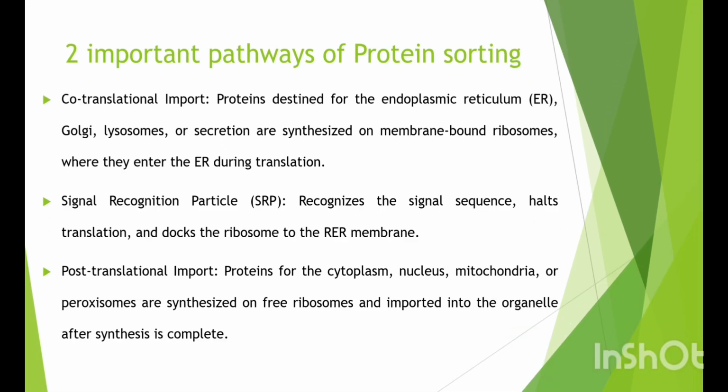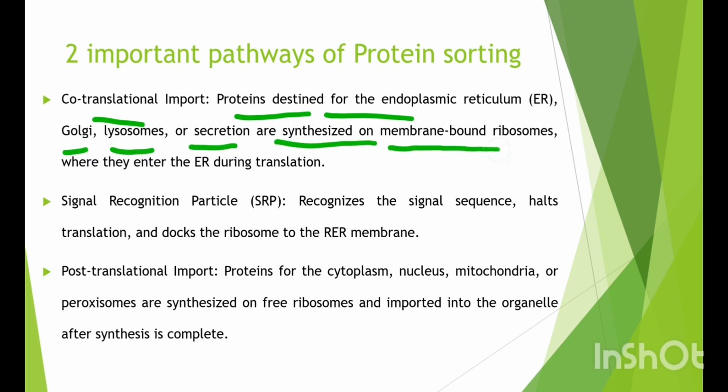So there are two important pathways of protein sorting and targeting. One is co-translational. Proteins get manufactured in two steps: one is transcription, the second one is translation. During translation, proteins are targeted to their destination. Proteins destined for the endoplasmic reticulum, Golgi complex, lysosome or secretion are synthesized on membrane-bound ribosomes, where they enter the endoplasmic reticulum during translation.